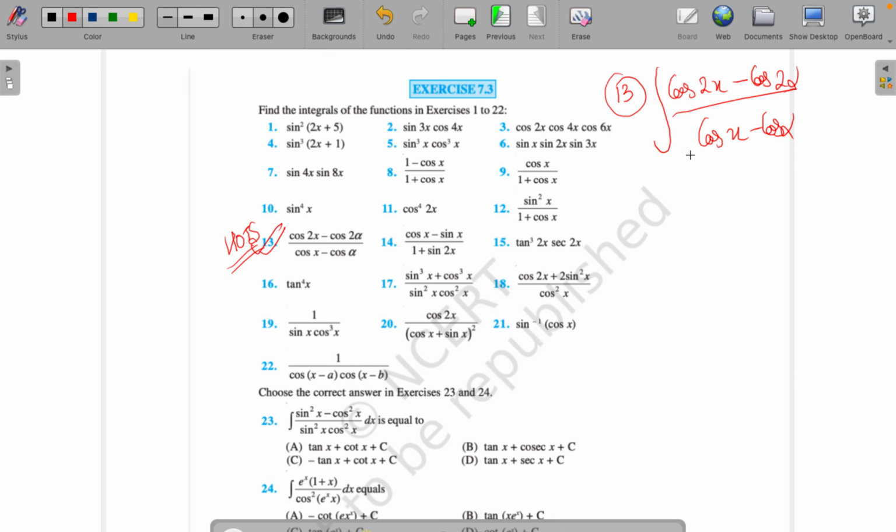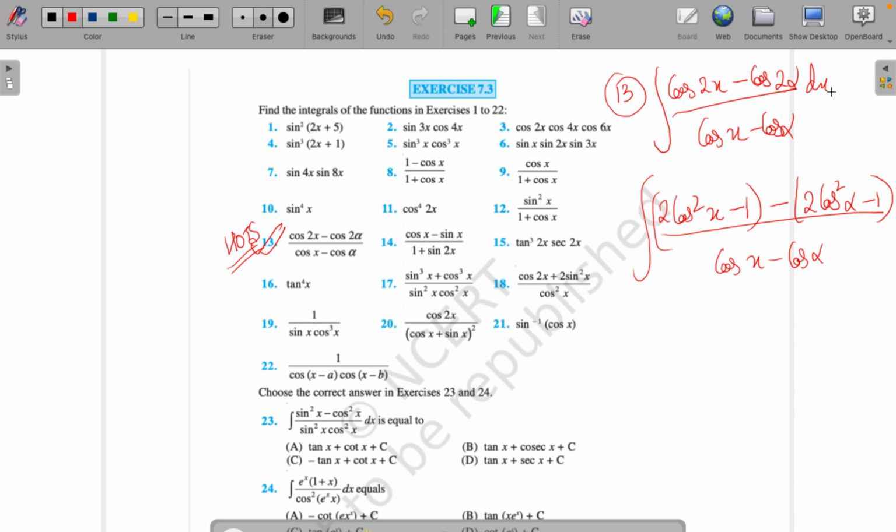If I use the formula, cos 2x is 2 cos square x minus 1. Similarly, here also it is 2 cos square alpha minus 1. Of course, dx will come.